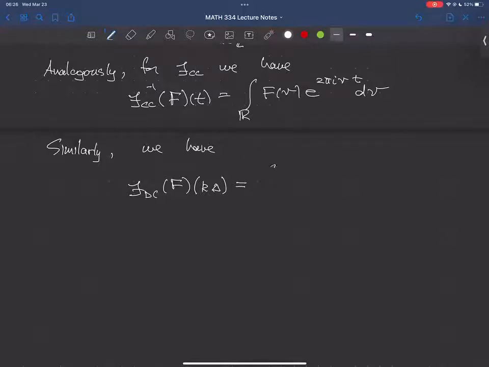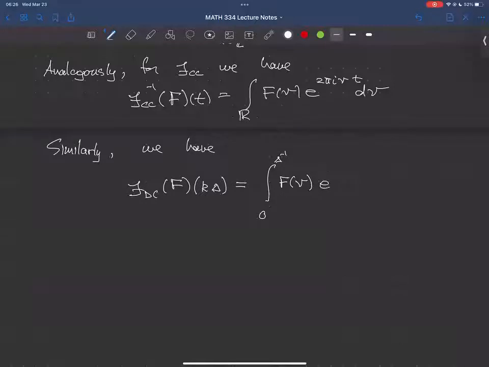Should be the integral from 0 to the period, which is 1 over delta, of f of nu, because f is now the frequency function, which is a function of a continuous frequency variable.